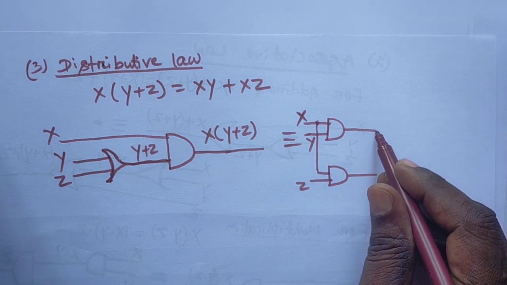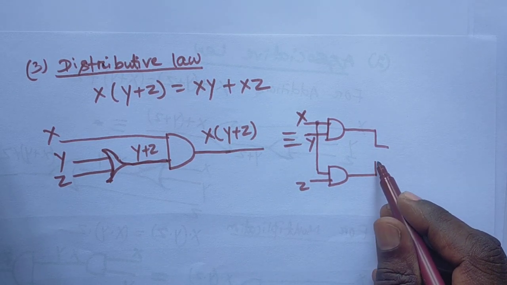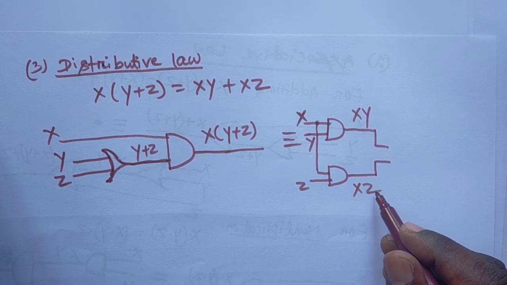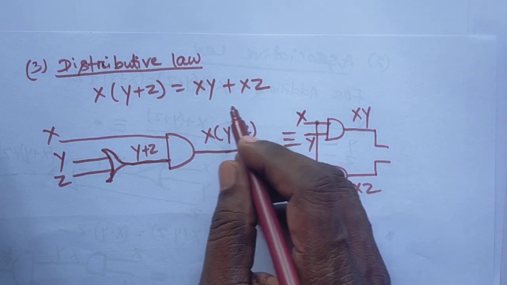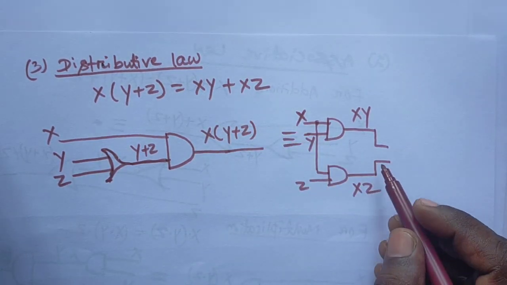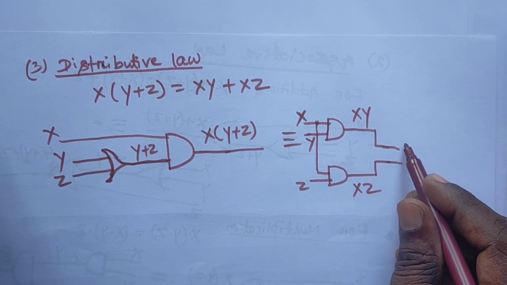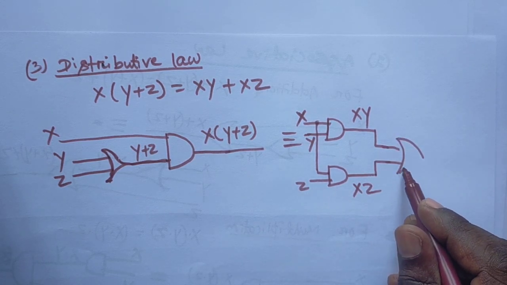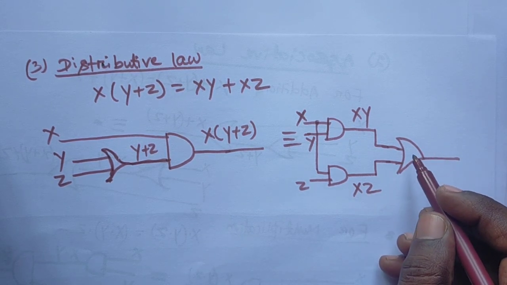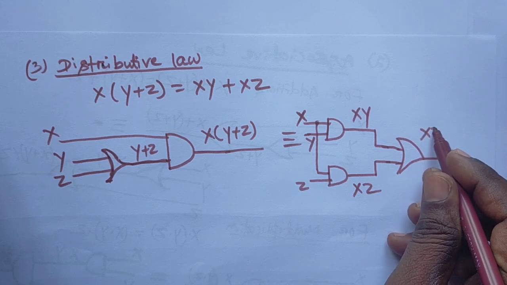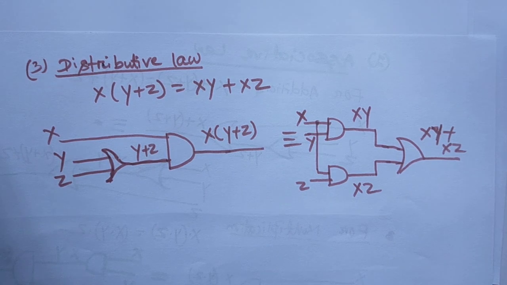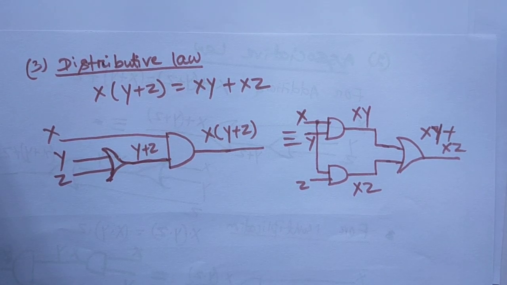Whatever the output we get, here we can find out: here is xy, here is xz. After getting xy and xz, then it will add. When it adds, we take an OR gate. This is the OR gate. So what is the result? Here the result is xy plus xz.